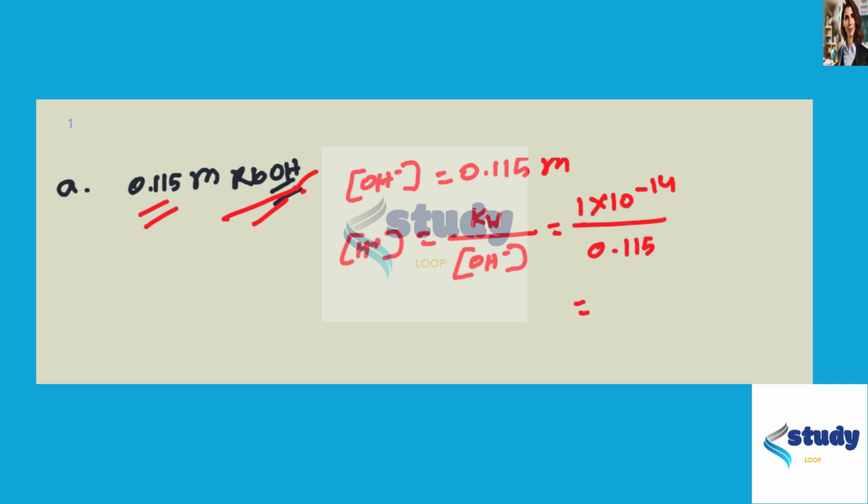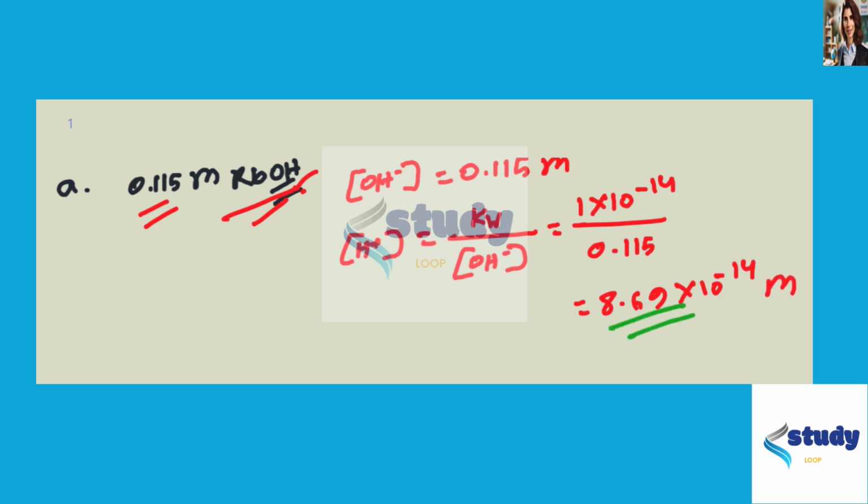Just solving this, we will have the initial H plus ion concentration as 8.69 times 10 to the power minus 14 molar.